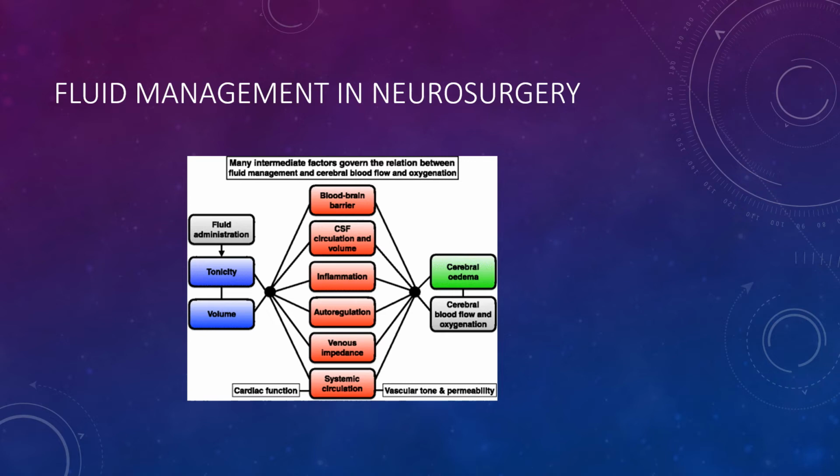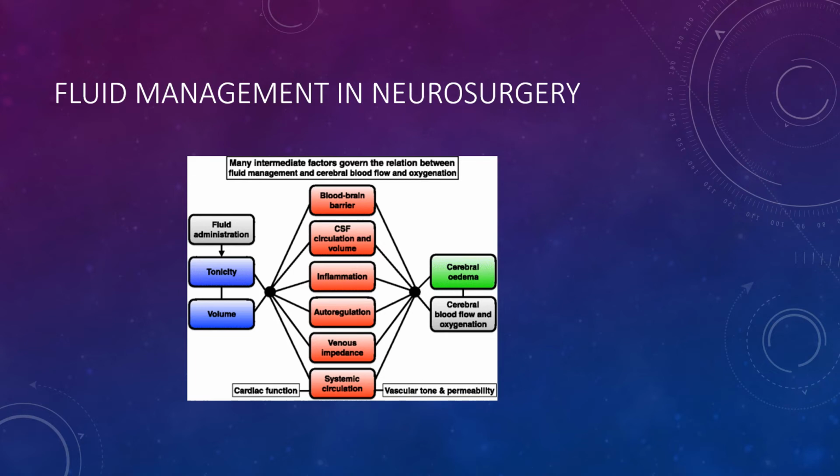So critically brain injured patients are particularly prone to disturbances of intravascular volume, electrolyte and osmotic disturbances due to central neuroendocrine disturbances, and the use of therapies that impair water and sodium homeostasis, further complicating effective fluid management.